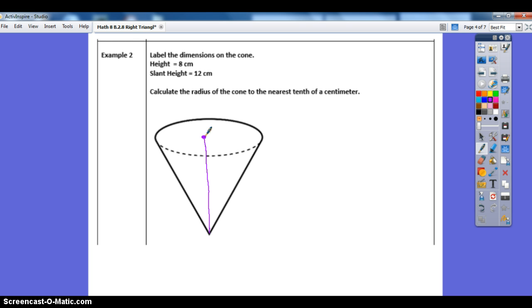How tall is our height? 8 centimeters. And then it says the slant height is 12 centimeters. So what is that? The edge of the cone. Which side do you want to do? Which one is 12? Doesn't matter, because they're both 12 centimeters, aren't they?